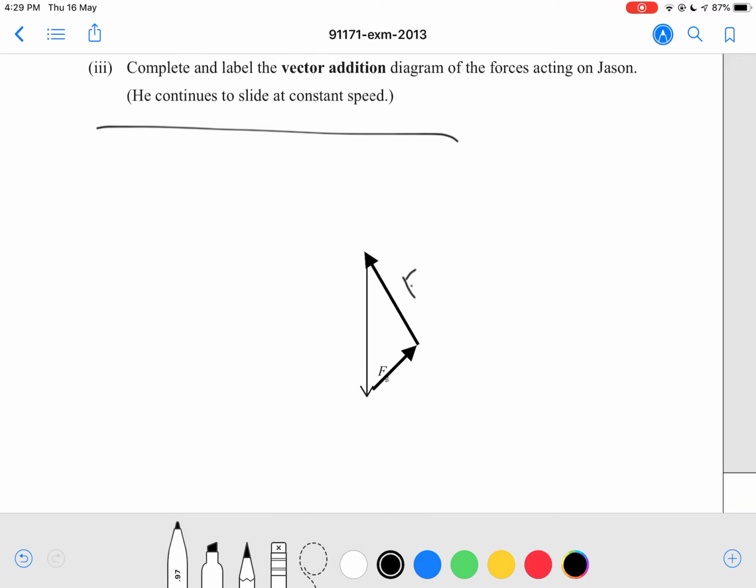So you can say F of R here, and force of friction here, and the force of reaction this way, force of friction this way, and it makes a closed triangle. The F of G, F of F, and F of R will make the closed triangle. It's important to remember that.